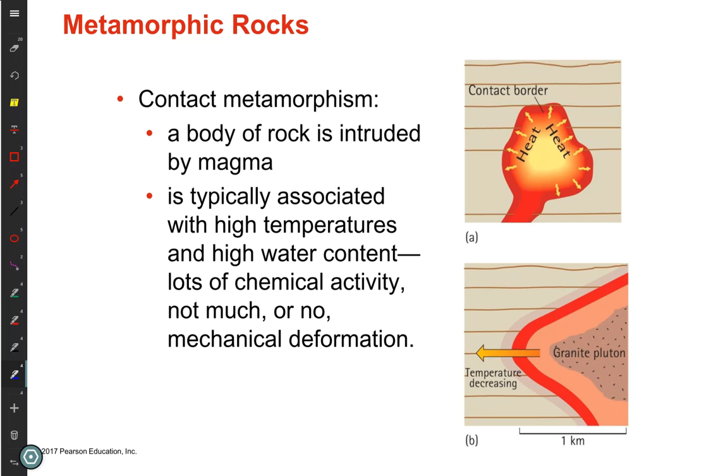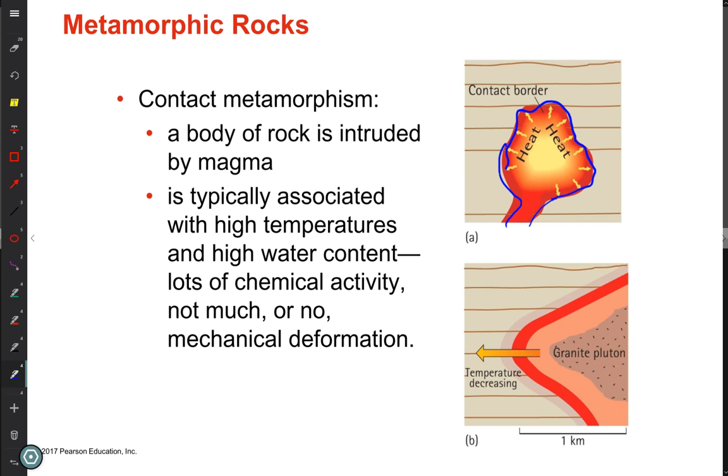Not the only example. So how does that occur typically? Do you remember what we call a pocket of molten rock? Pluton. Yeah, it says it down here. We have a pluton, or say a batholith.